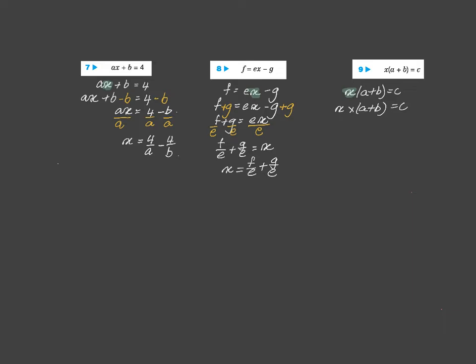So we're going to divide by a plus b on the left-hand side, and to balance it, divide by a plus b on the right-hand side. A plus b divided by a plus b is 1. So on the left-hand side, we have 1x is equal to, and on the right-hand side, we have c over a plus b. The brackets at the bottom are not really necessary anymore, although it doesn't matter if you leave them there.